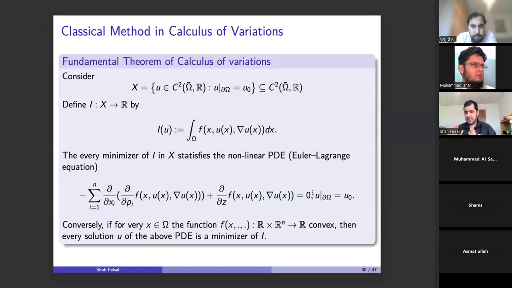So that's exactly the first and second derivative test, but in the setting of infinite dimensional Banach spaces. This is basically a classical approach. It was done by Euler and Lagrange, and they applied it to some problems. But with this kind of approach, you see, you need to solve some horrible partial differential equations.